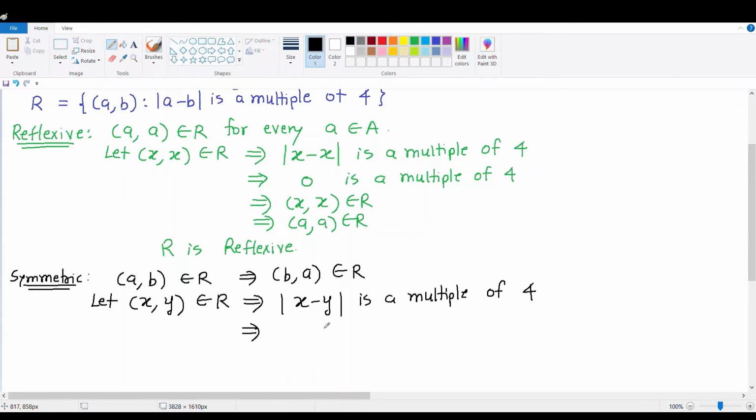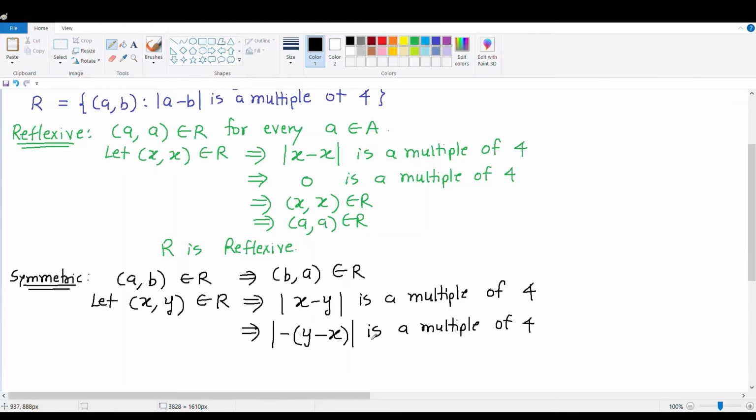Now if I change this sequence a little bit and take the negative out in common, I can write y minus x, which is a multiple of 4. Of course it is a multiple of 4, still the same difference in the mod.